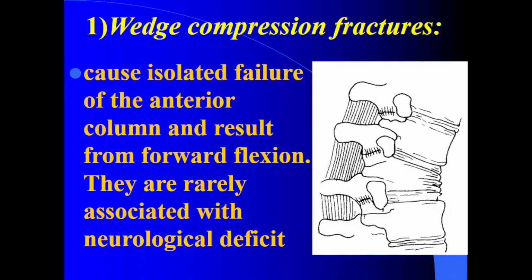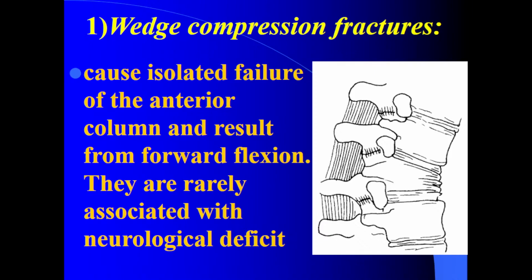At the same time, the driver continues his movement to the front, and the belt, which is usually located around the chest, stops the movement of the chest. As soon as that happens, only the head continues to move, and that movement to the front leads to forced flexion at the cervical part of the spine.